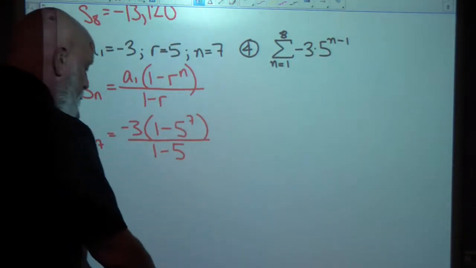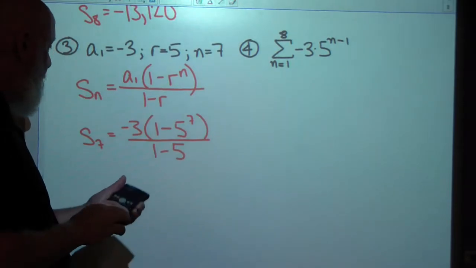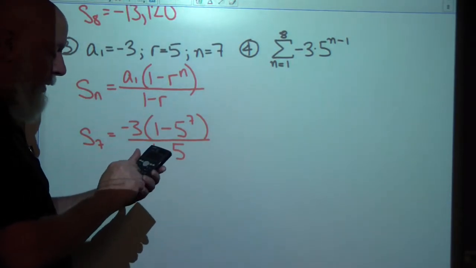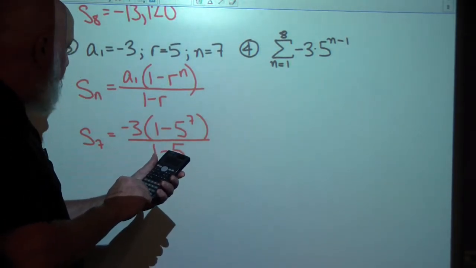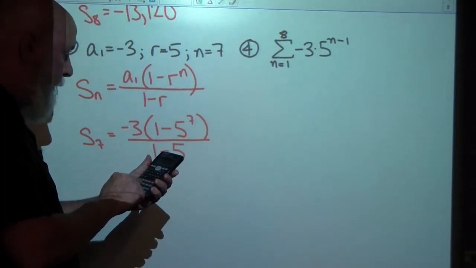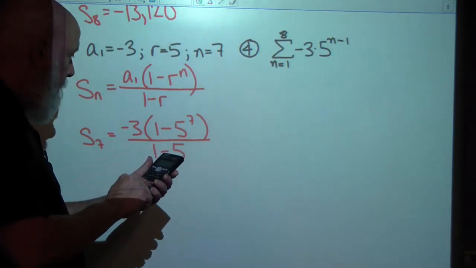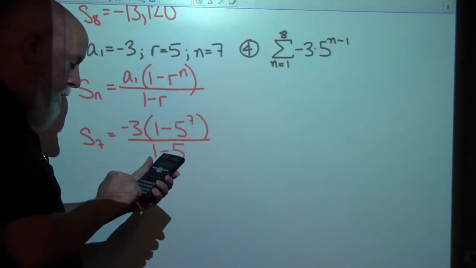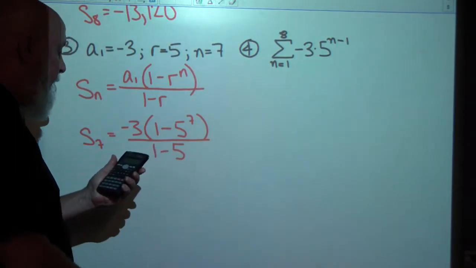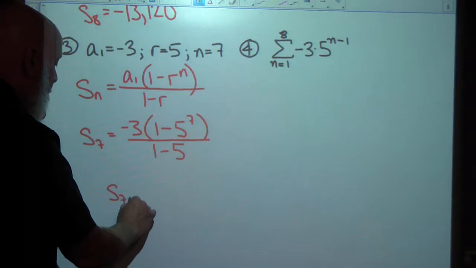Perform these operations, and hopefully don't make any mistakes. It's easy to make mistakes. We try not to. Sometimes we do. And I got negative 58,593, and I'm hoping that's right.